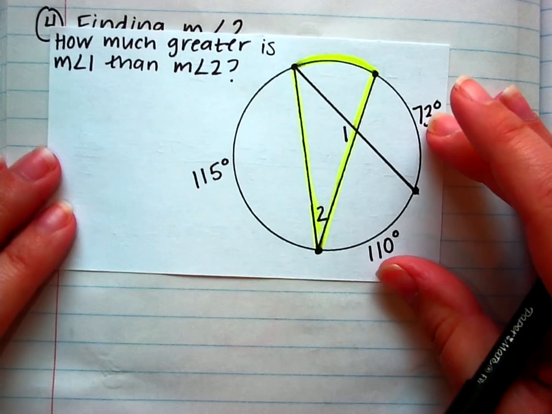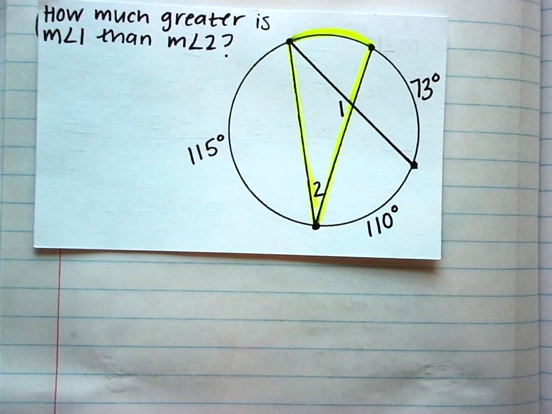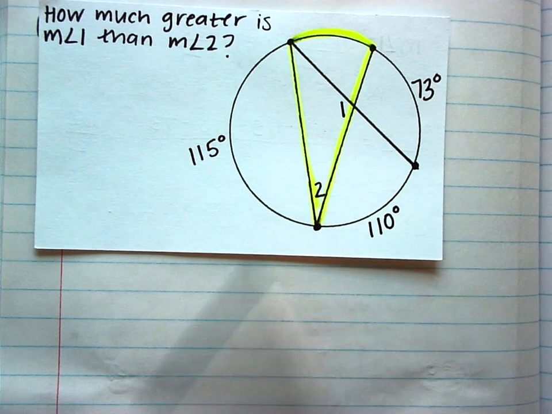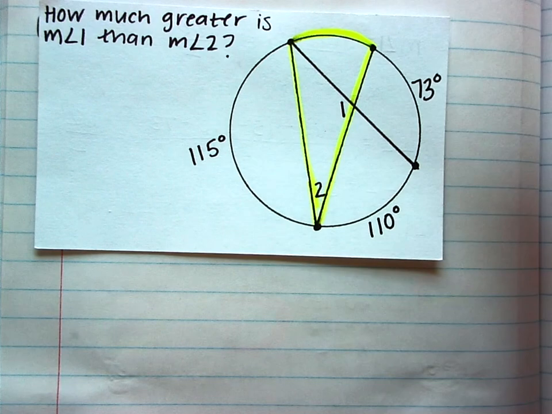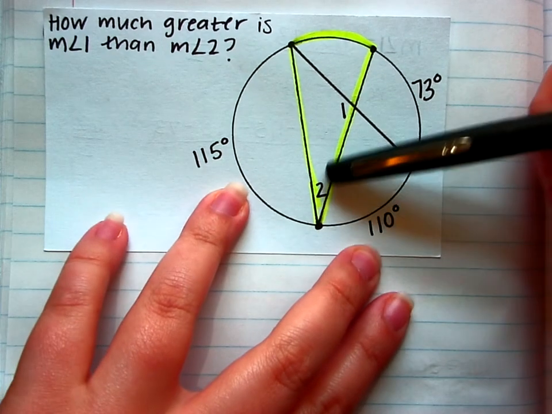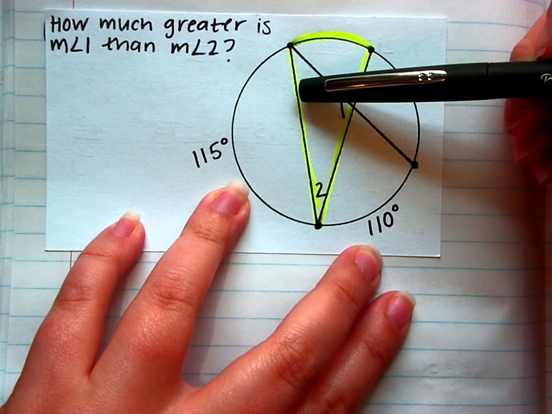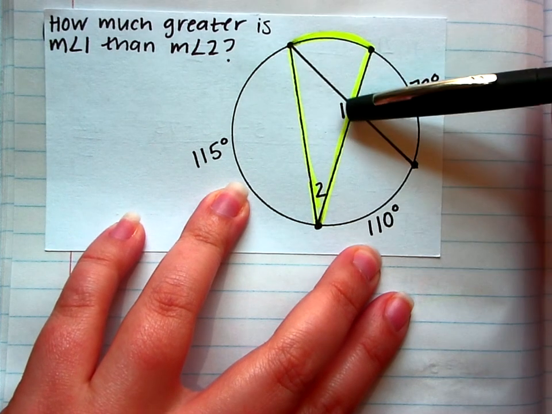We want to compare it to angle 1. So now we got to think of how we're going to figure out angle 1. Well, it's a theorem we haven't learned yet, but we do know about triangles. We have angle 1 and angle 2, and this angle up here is inside this triangle.